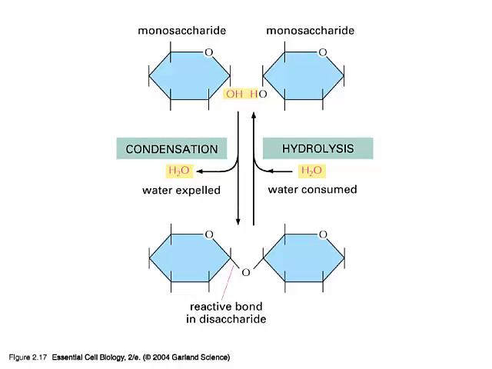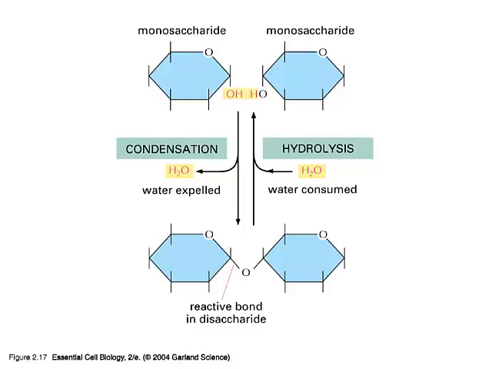Right? So what is the usable form in the cell? Glycerol or glucose? Glucose, what's it used for? Cell respiration, right? ATP, first step.